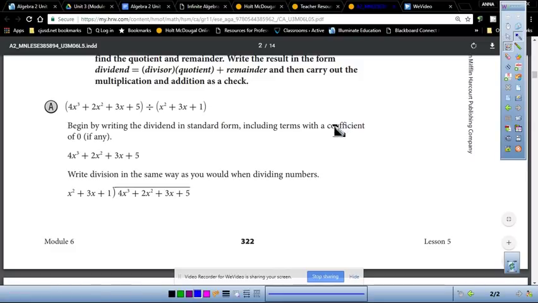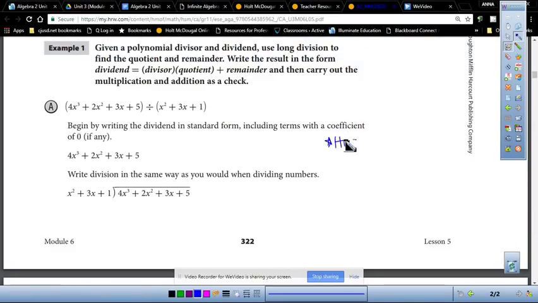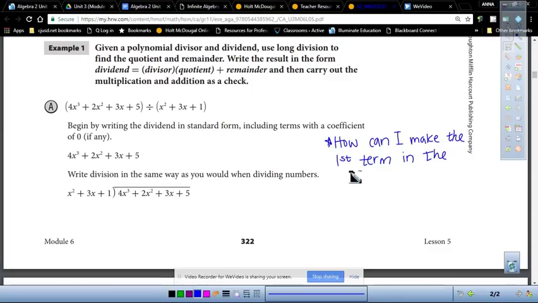You now want to ask yourself, how can I make the first term in the divisor look like the first term in the dividend?